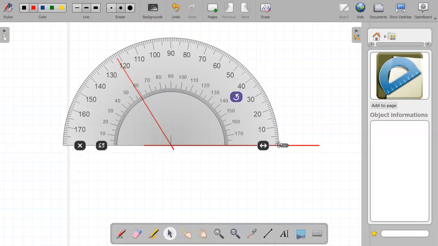I kept zero of the outer scale on the horizontal arm, right? Right, Shinal? Shinal, can you see it?